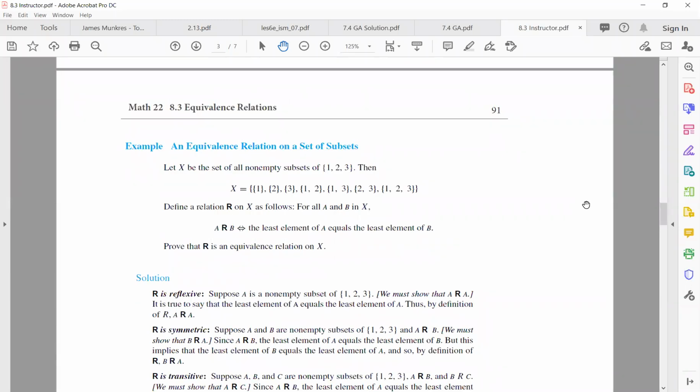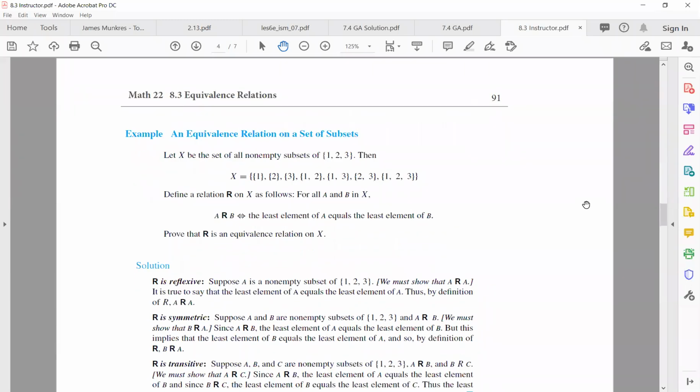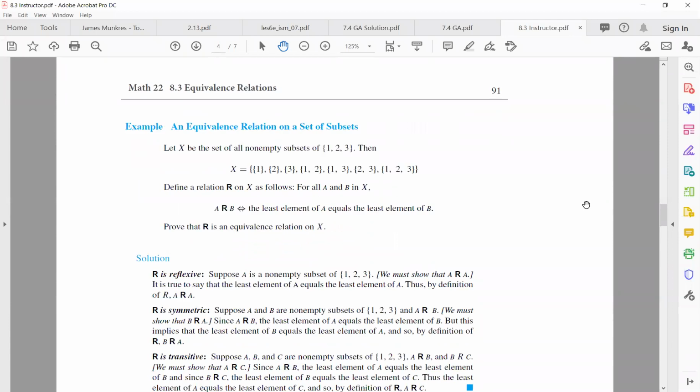Example, an equivalence relation on a set of subsets. Suppose X is the set of all non-empty subsets of {1, 2, 3}. So X is just the set of all subsets, not including the empty set.